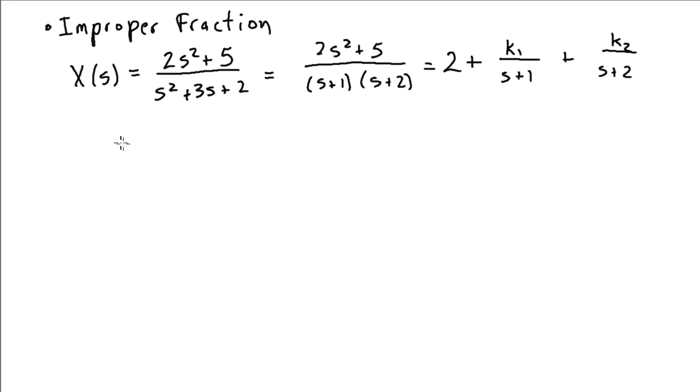Then we could again find k1 and k2 by our lookup method. Can multiply both sides by s plus 1, and evaluate it at s equal to minus 1. And this term would go away. We'd be left with just k1 on the right hand side.